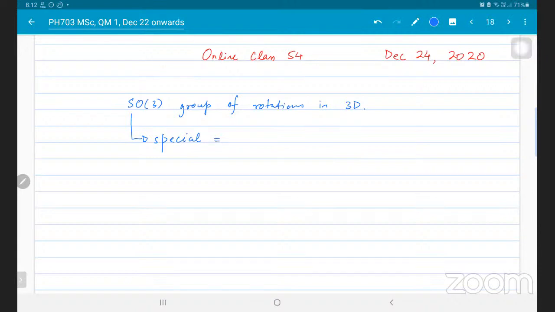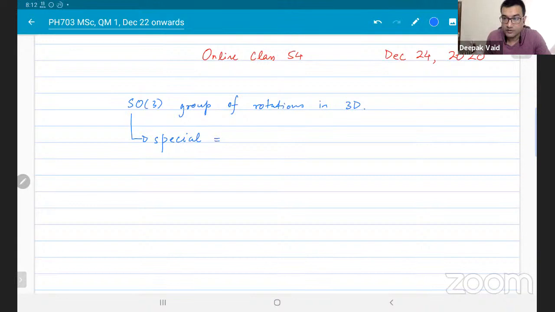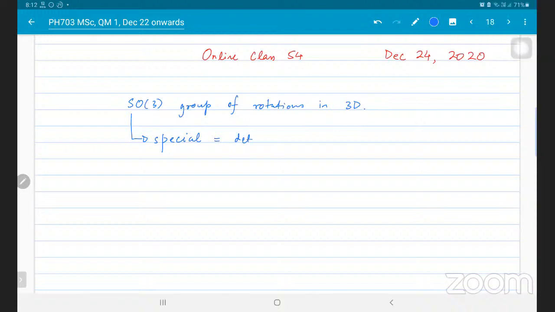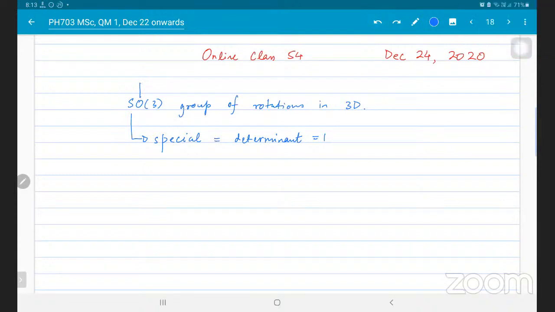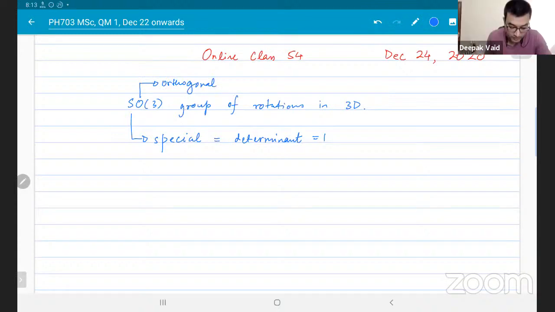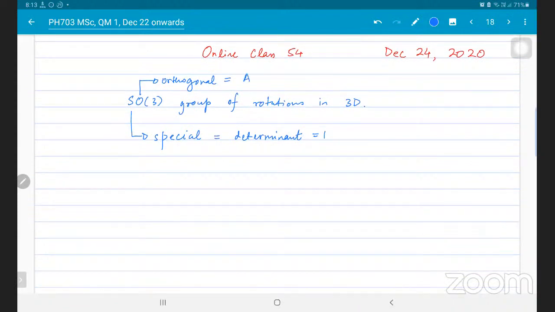Determinant of A is equal to 1. Right. What is O? Orthogonal. Okay. Which means what? A transpose equal to A inverse. Right.